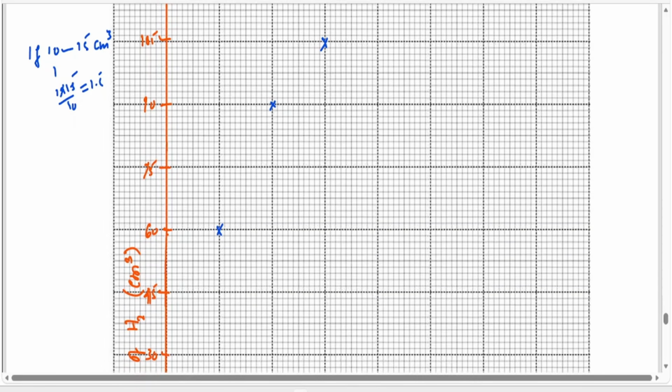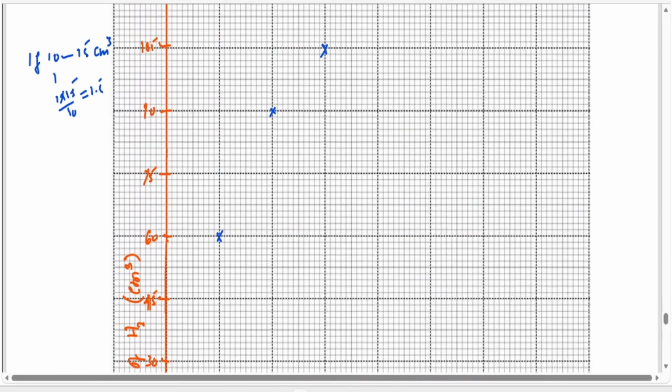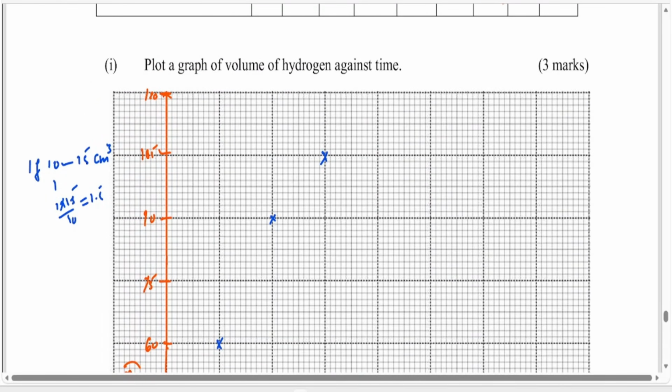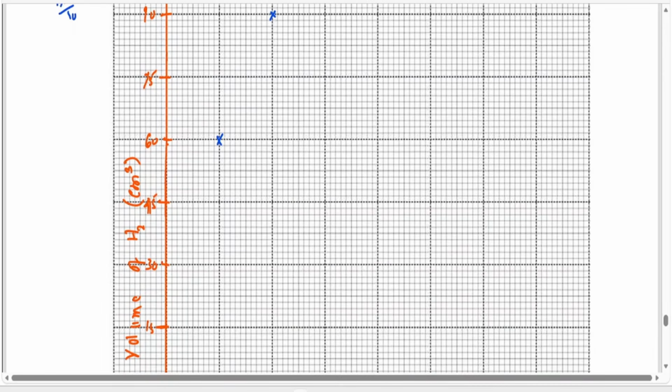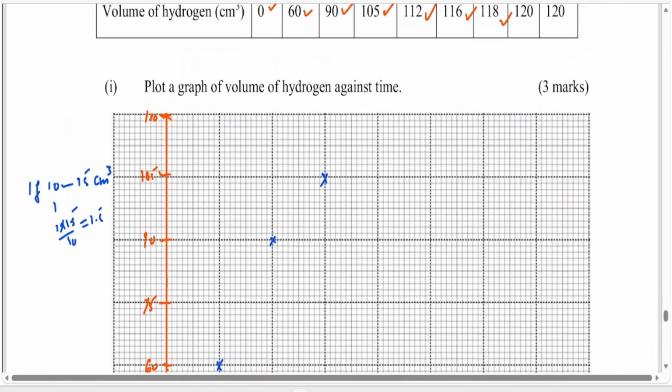So in this case, I need 112, 1.5 times 8. So I'm going to have 8 small squares from 105. So I have 8 small squares, but below the 8th one, somewhere here.